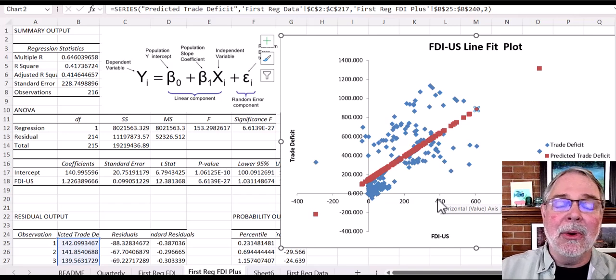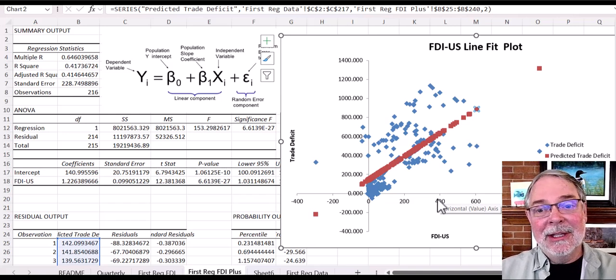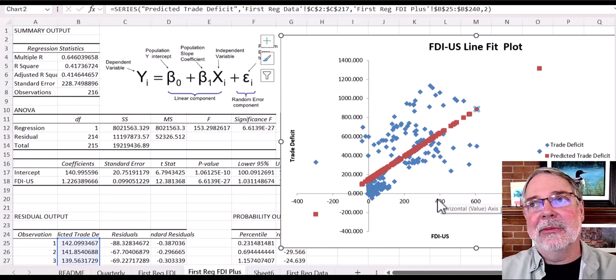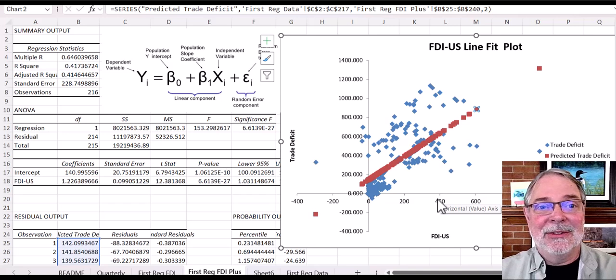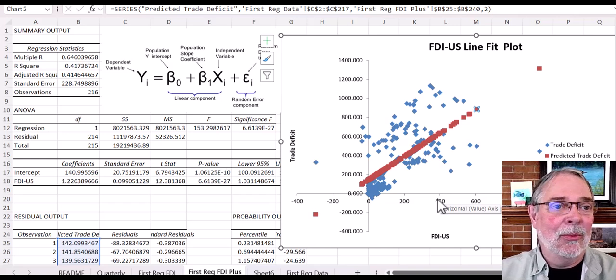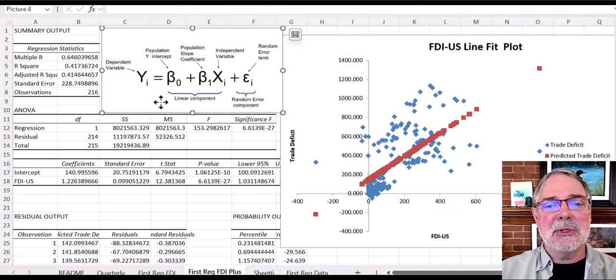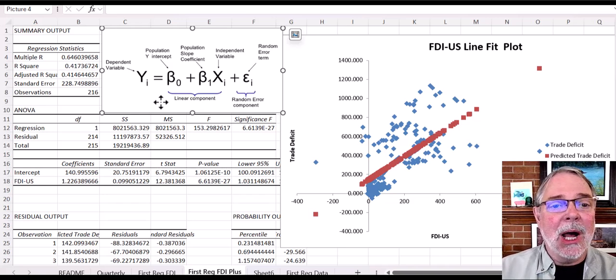And if you remember your algebra, you might have said y equals mx plus b, right? Y equals a slope times X plus a y-intercept. Well, we pretty much have the same thing, and here's the equation that we get for a regression. We change it a little bit: it's a capital Y, so it's a vector of different things.